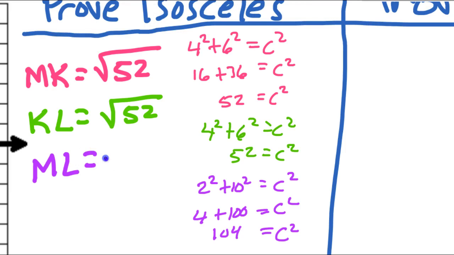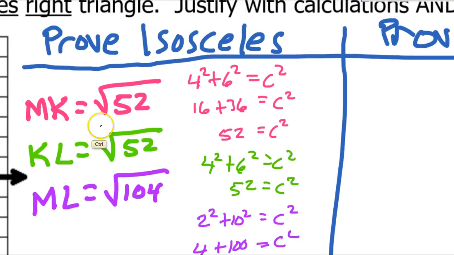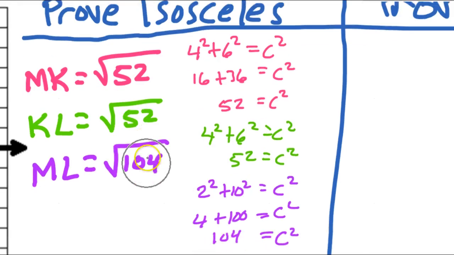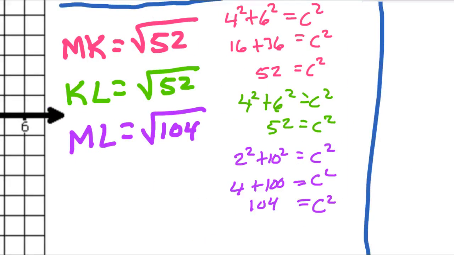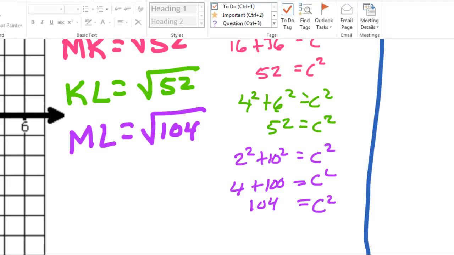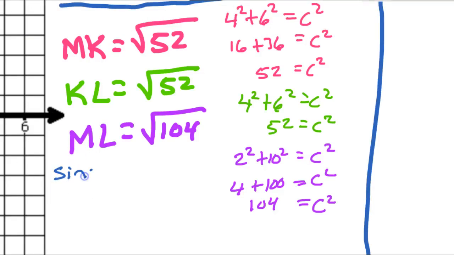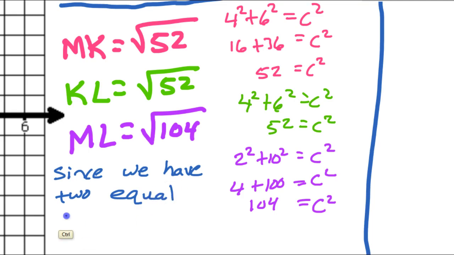That means ML is the square root of 104. See how 2 of the sides are the same? I have 2 equal sides. That proves that this is isosceles. So I'm just going to write that down: since we have 2 equal sides, it is isosceles.